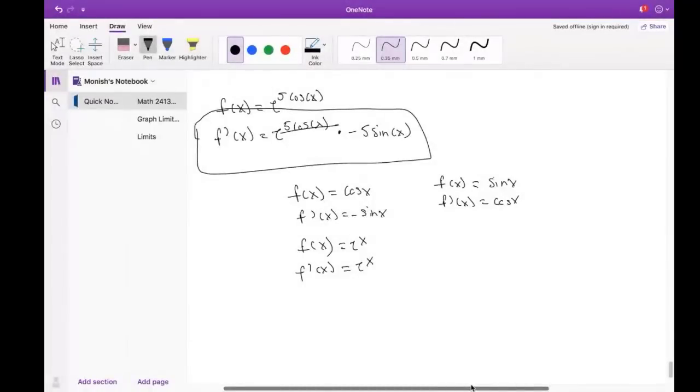And next, I'll go over the product and the quotient rule.